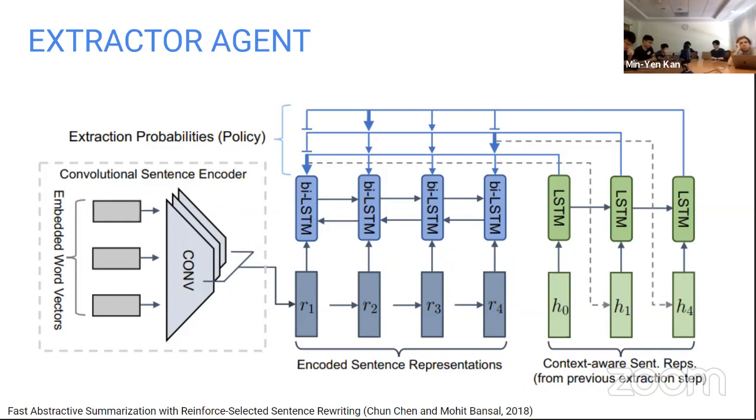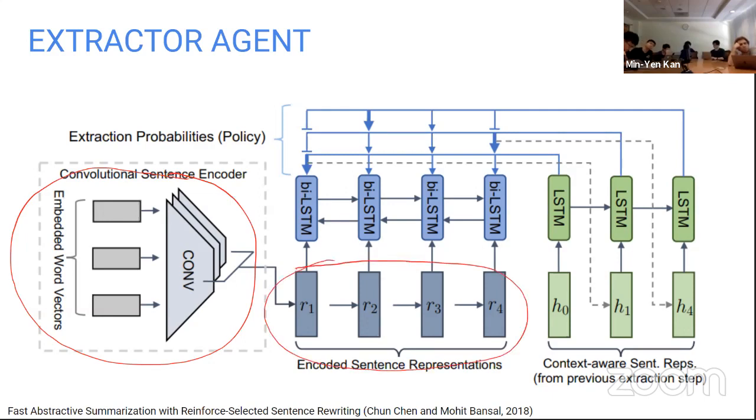Okay. Like Taha said already, you have your standard word embeddings, and you get a sentence representation for each of those. So this is our standard sentence or plot vector embedding.